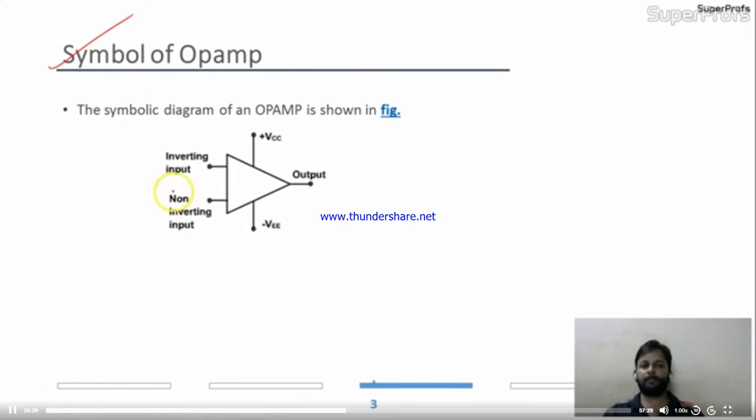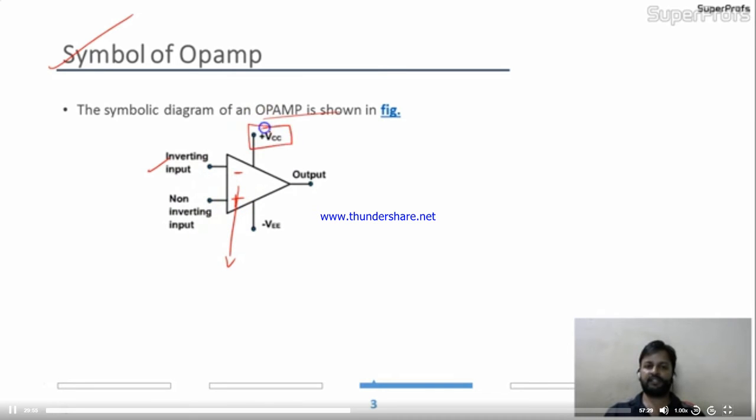This is the symbol of Opamp. The symbolic diagram of an Opamp is shown in the figure. You can see a very beautiful symbol for that complicated inside circuit, differential amplifiers and so many things. Two inputs: the inverting input will definitely be minus, and the non-inverting will definitely be plus.